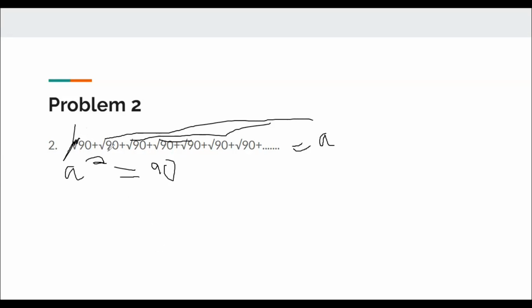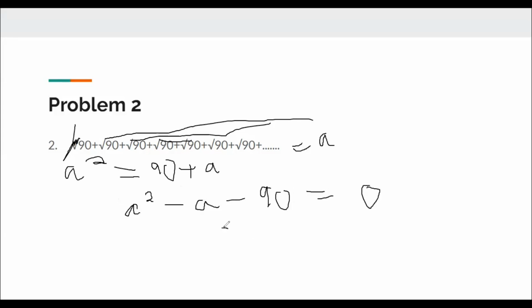But since this is infinite, we can say that this is also equal to a because it goes on forever. So it's just going to be 90 plus a. So a squared is equal to 90 plus a. Now it's just quadratics. You're going to get a squared minus a minus 90 is equal to 0.